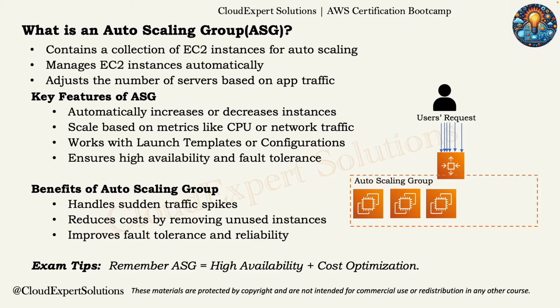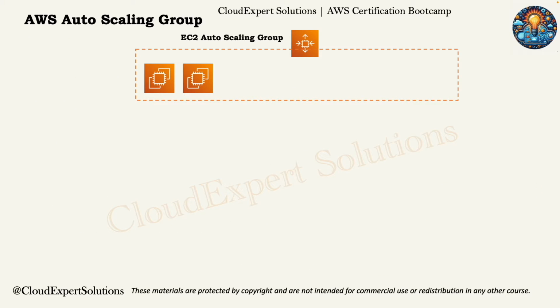Now let's review different attributes of an auto-scaling group. Let's assume that we are hosting our web application using EC2 instances and we need only two EC2 instances in two availability zones, which is going to give us high availability. And with two EC2 instances, you can handle the night time or the off-peak hours.